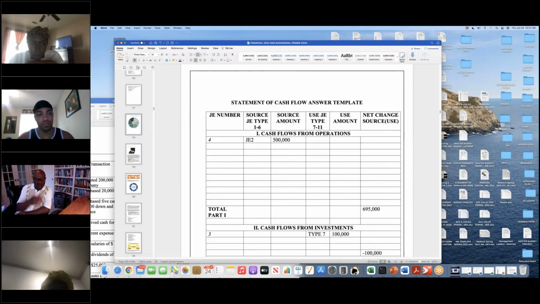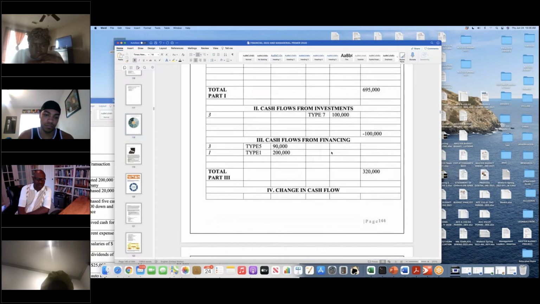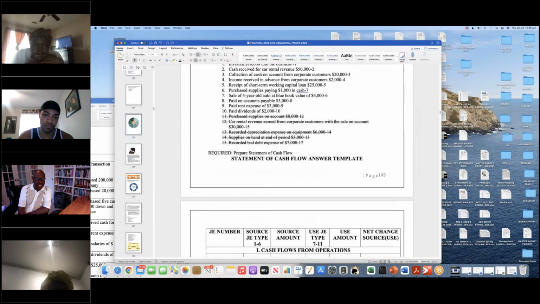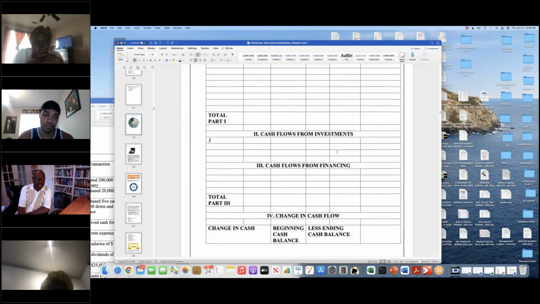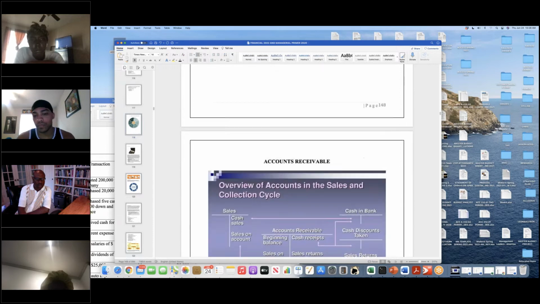So we show with the template where you put these items, which ones are in 1, 2, and 3 to get our amounts. And let's see. Let me go to my problem.